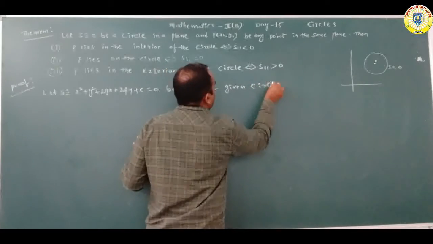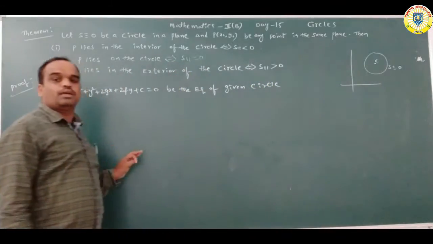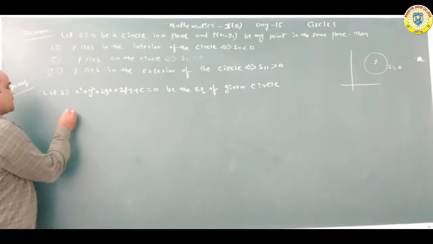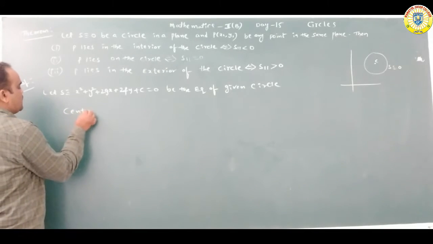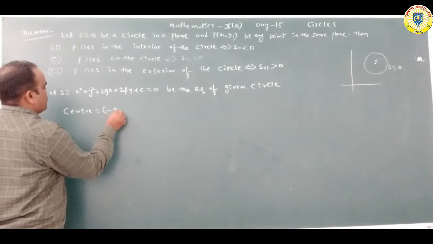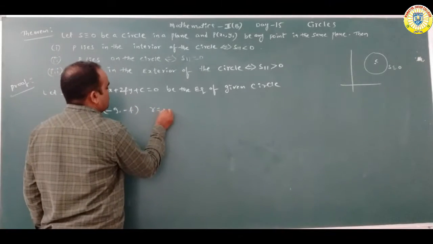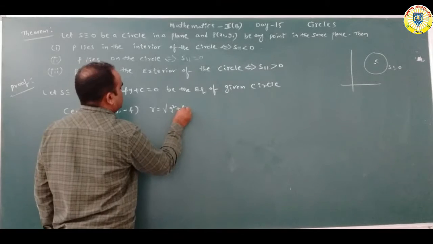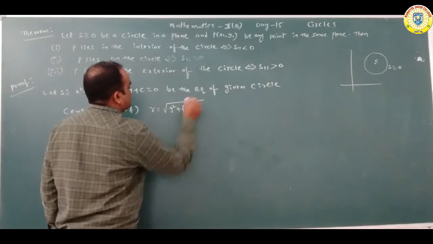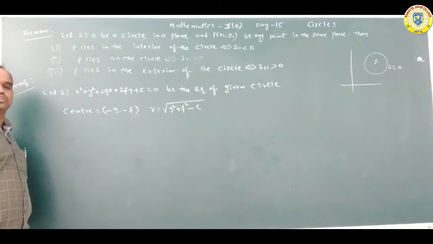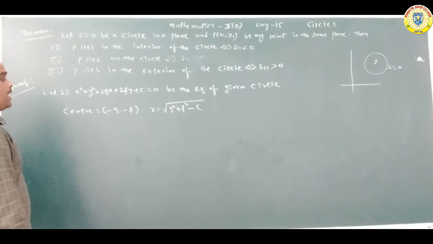Equation of given circle. Okay? Here what is the center, sir? What is the center of the circle? Center is equal to minus g comma minus f, and radius small r is equal to square root of g square plus f square minus c.